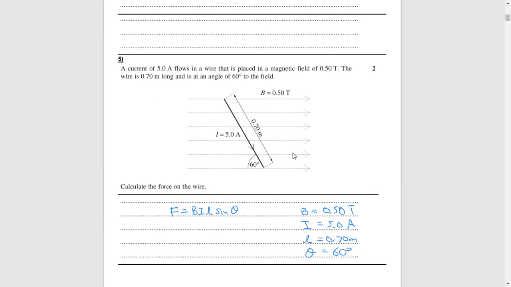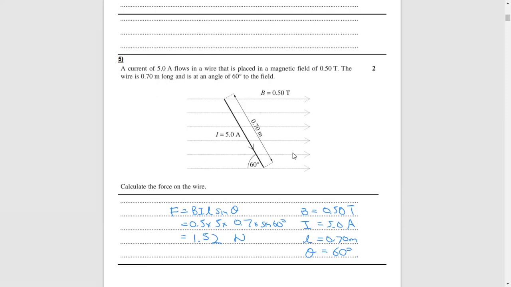And so you just sub all that in. Okay, so here you'll get an answer of 1.52 or so newtons. Now, it simply says calculate the force on the wire.